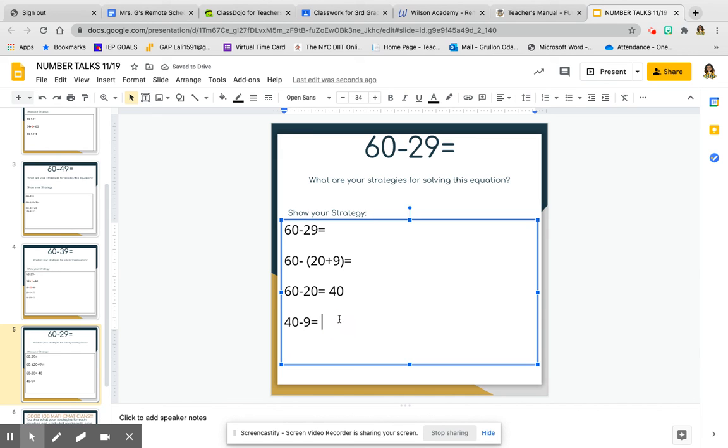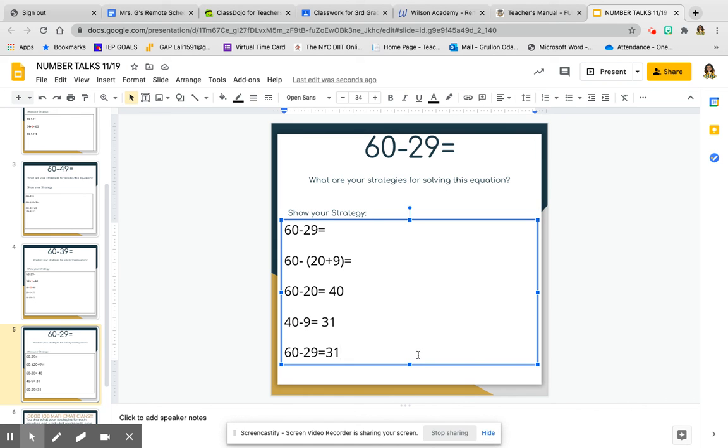And that will give me 31 as my final answer. And just so that I know once more what my original number sentence was, it's 60 minus 29 equals 31 as my final answer. And what Mrs. G did was subtract in chunks.